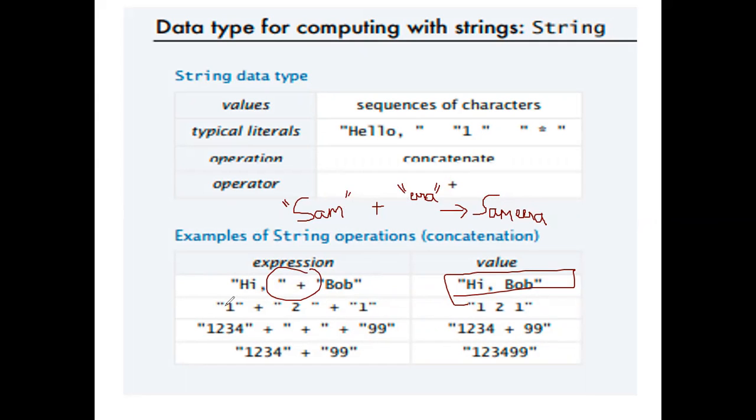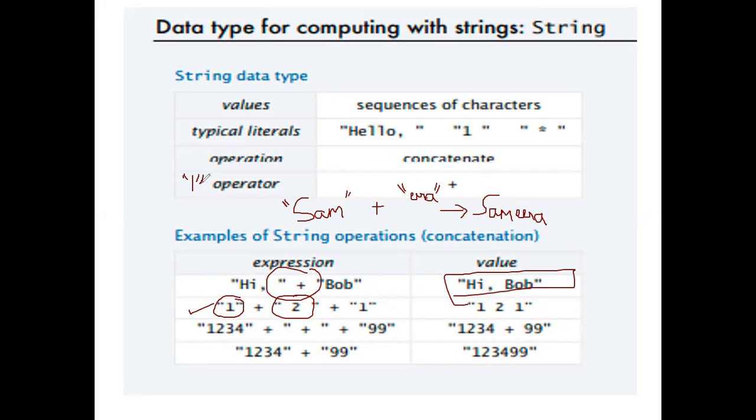Okay. Next, the next one is what? "1" plus "21". This whole thing is a different string. Remember, it's not going to add up. Why? Because 1 is in inverted commas. When 1 comes inside inverted commas, it automatically becomes a string. It won't be considered as a number. Whatever you put in inverted commas will be considered as it is, whether it's a number or a special character.